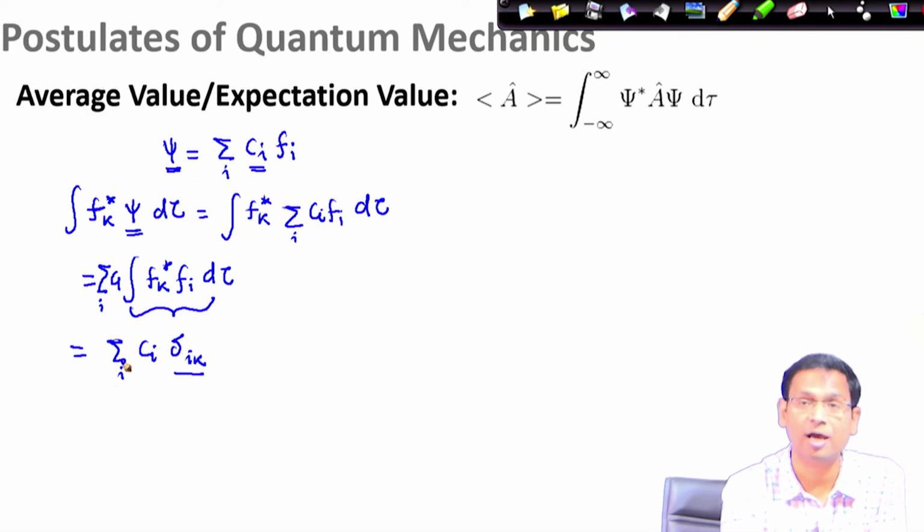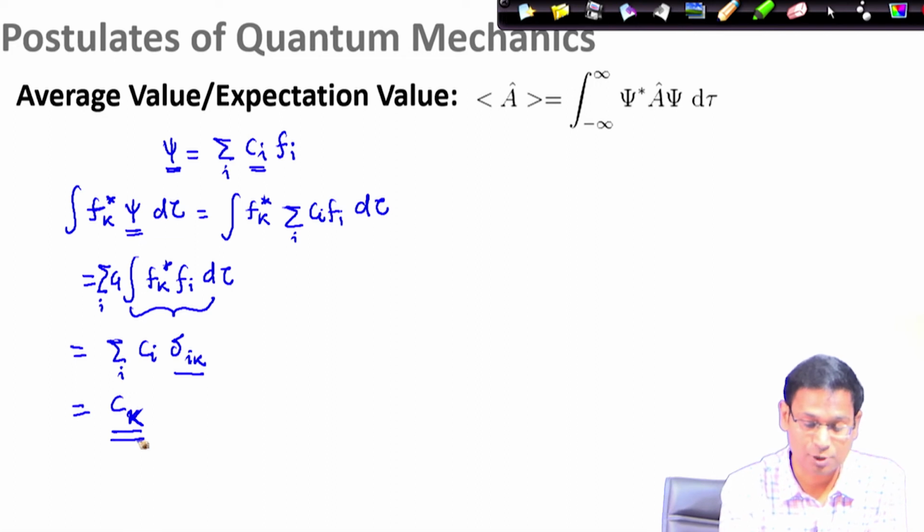So, therefore, even if I have a summation over here, only one term will survive, and that term will be when i is equal to k, and in that case I will have only Ck. So, in the summation, only one term would survive when i is equal to k. So, in that case delta k k becomes 1, and then I am left with this coefficient Ck.